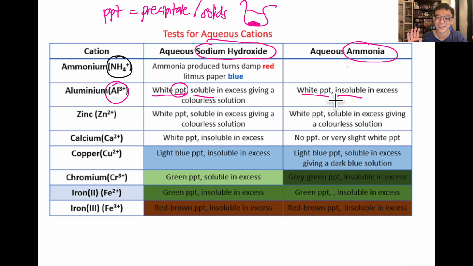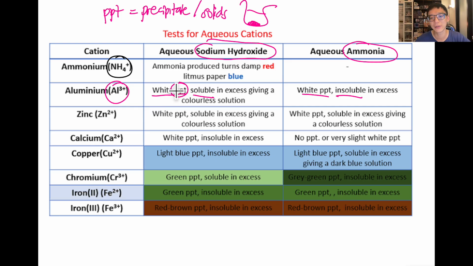So if a question says you have aluminum and you add a few drops, a white precipitate will form, and at this moment you don't know whether it's sodium hydroxide or ammonia. But if the question gives further information that in excess it will be soluble, then we know for sure that it is sodium hydroxide.